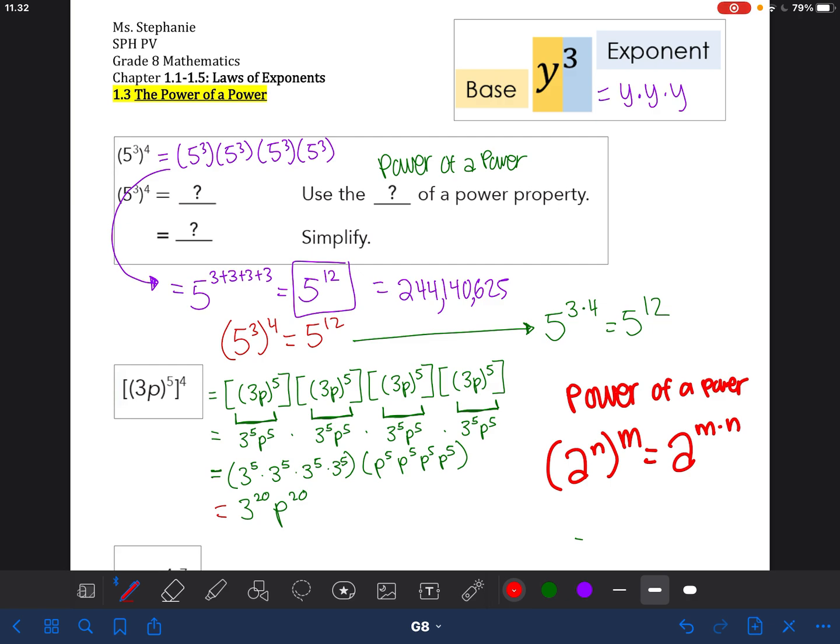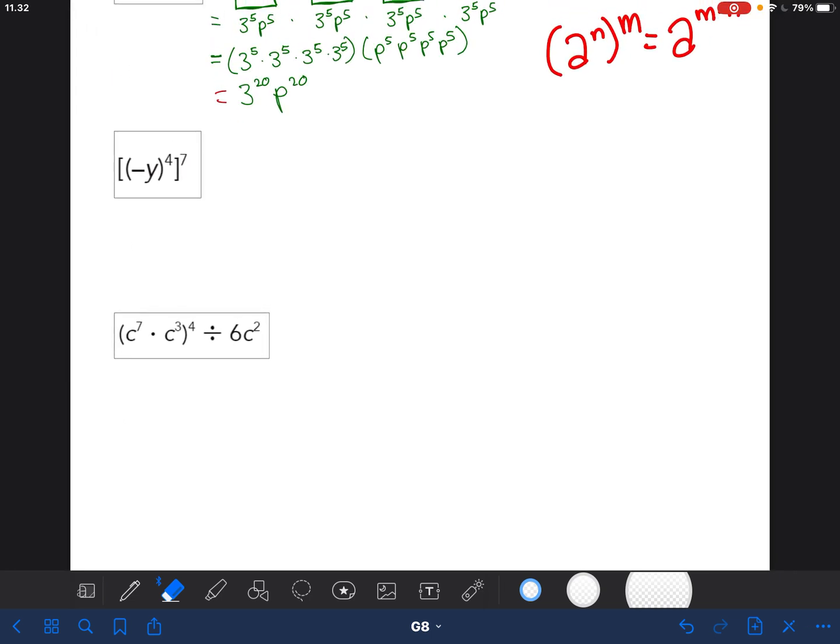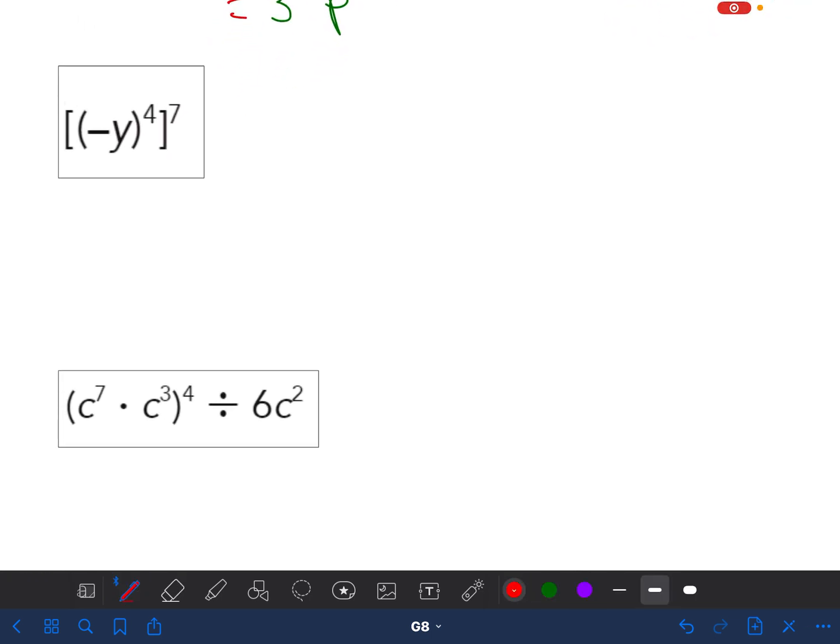That's it. You just multiply the powers. So go ahead and practice with these 2 examples, and I'll reveal the answers.